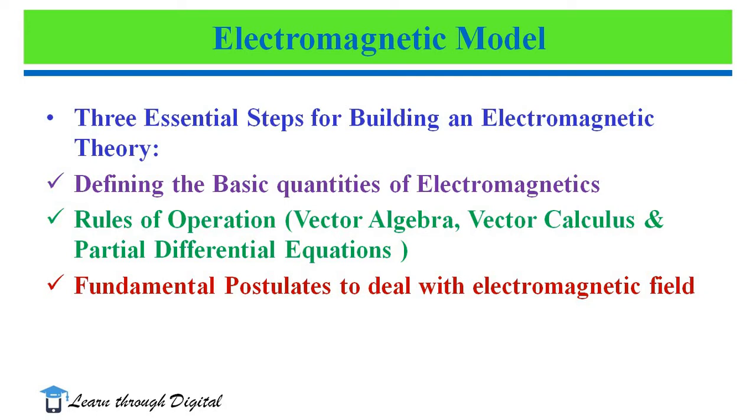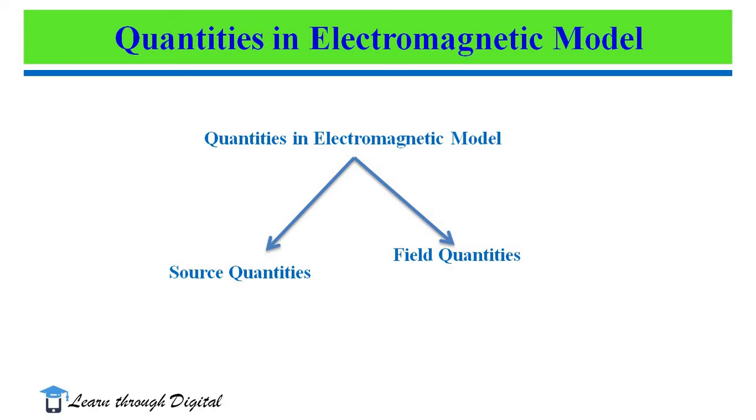The third step, the fundamental postulates, will be presented in forthcoming videos. The quantities in our electromagnetic model can be divided into two categories: source quantities and field quantities.